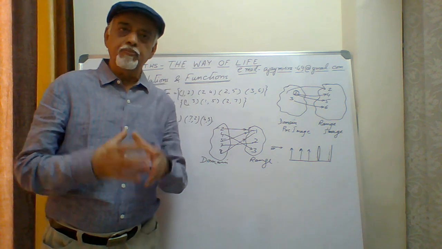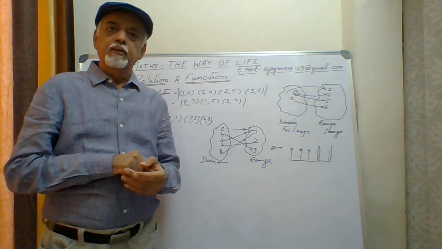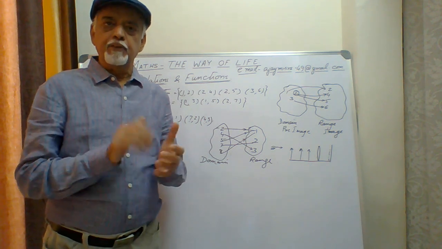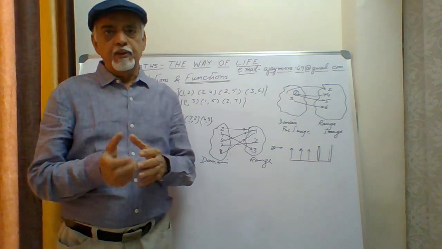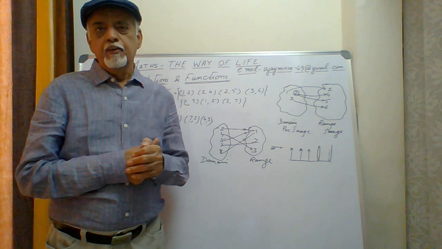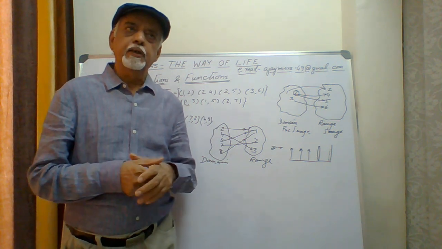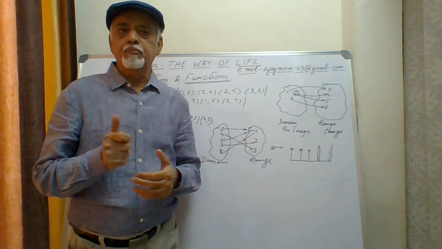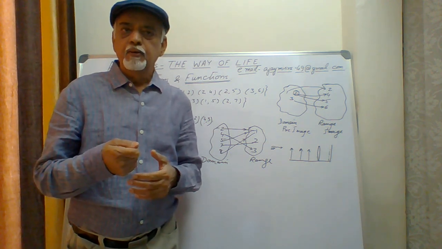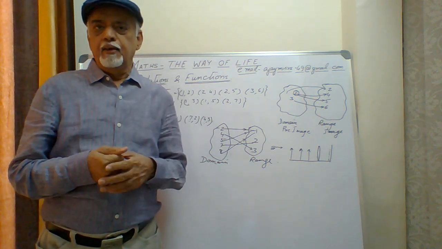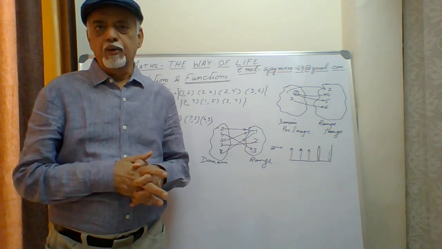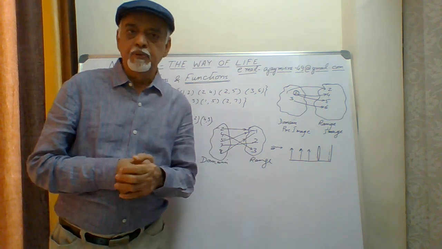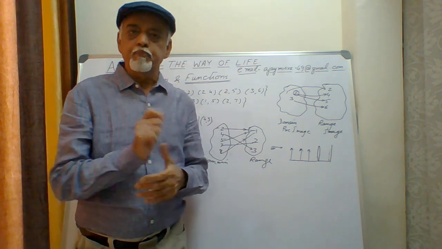So for functioning of an equipment, we require some input, right? And that will give me an output. Similarly, when you look at the TV, you want to see a news channel or a sports channel, then you have to click your remote. The remote is in your hand and the TV is on the wall at a far distance. So you put some numbers on the remote to get the particular channel.